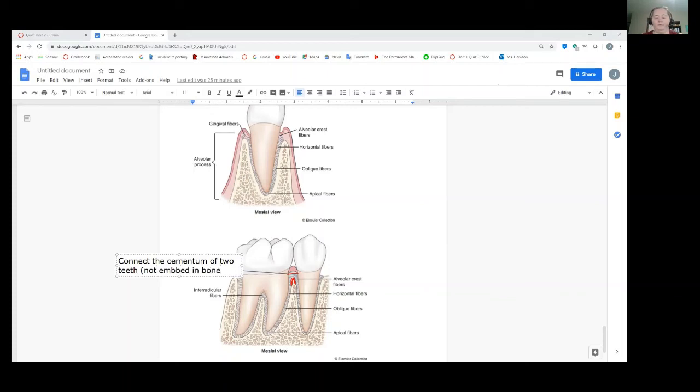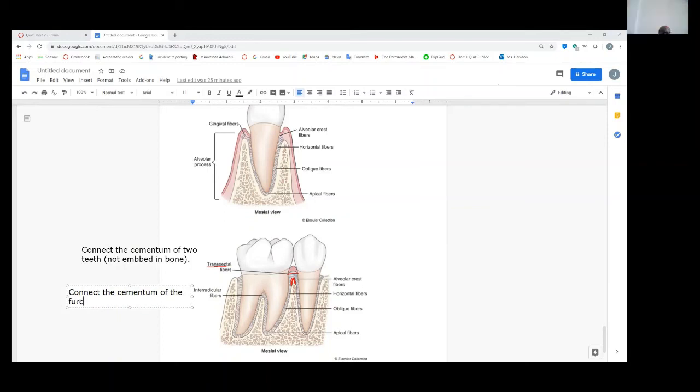Does that make sense? Then we have our intraradicular fibers. And our intraradicular fibers connect the cementum of the furcation areas to the bone.